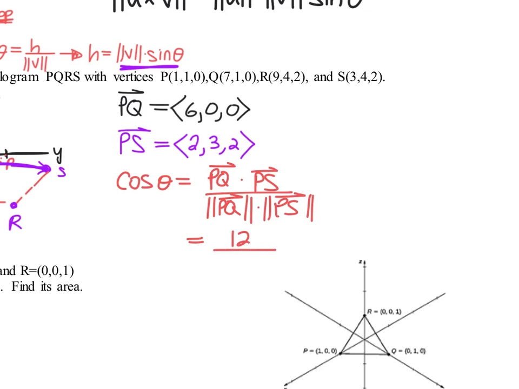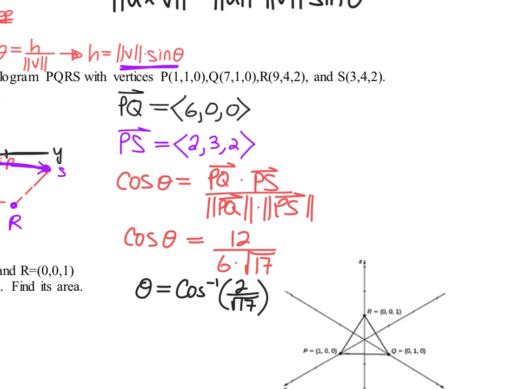It's just 12. Then each of the magnitudes, well, the first one's 6. Then we have 4 plus 9 plus another 4, so root 17. All right, so I'm going to leave it as an inverse cosine function. So theta is inverse cosine of 2 over root 17.